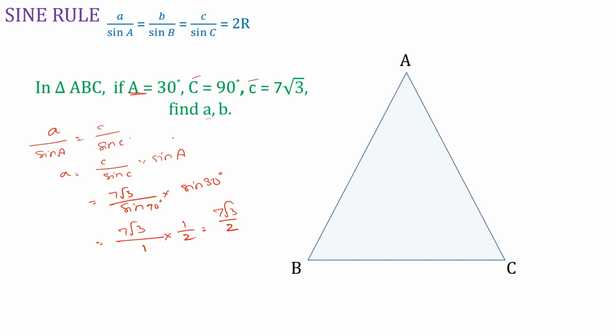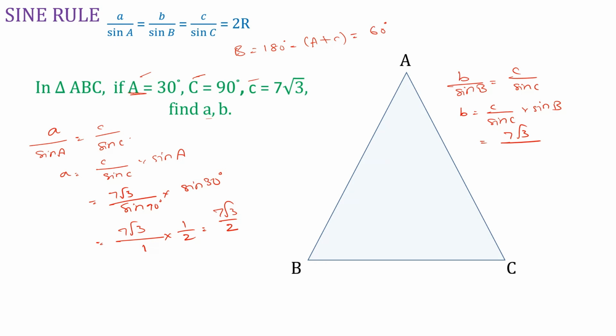Once we know small a, we can also do it for b. As A and C are given here, B is nothing but 180 degrees minus (A plus C). Here 30 plus 90 is 120, so 180 minus 120 is 60 degrees. Now how do we derive small b? We can take b upon sine B is equal to c upon sine C. So from that b is equal to c upon sine C into sine B, and small c is 7 root 3.